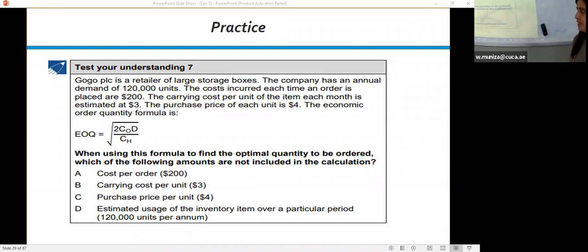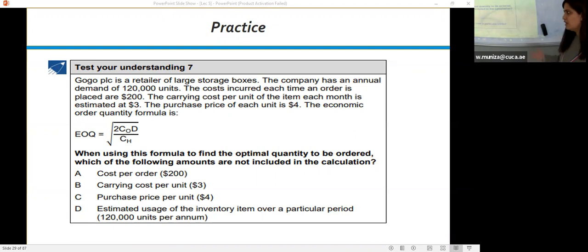Last one. Where are we including purchase price, by the way? See. Purchase price per unit. Cost per order is there. Carrying cost is holding cost. Purchase price per unit we are not using in this formula. Estimated usage of the inventory item over the particular period, that is demand.